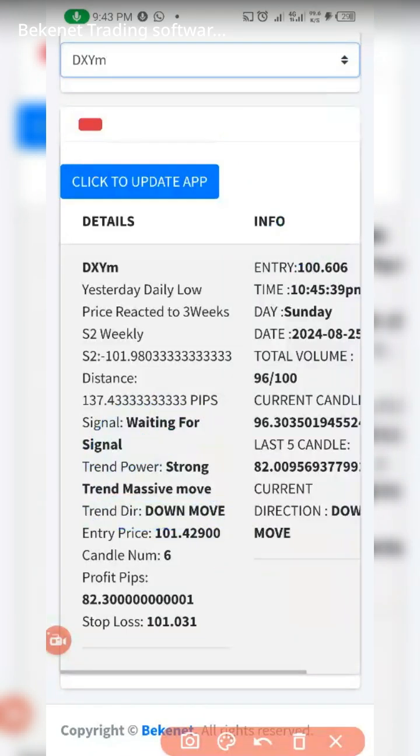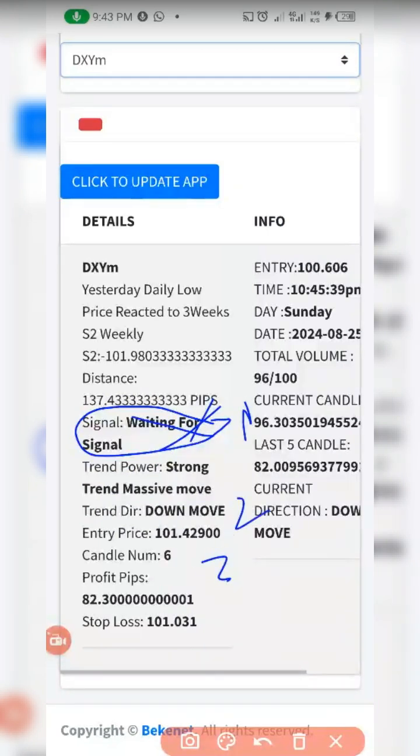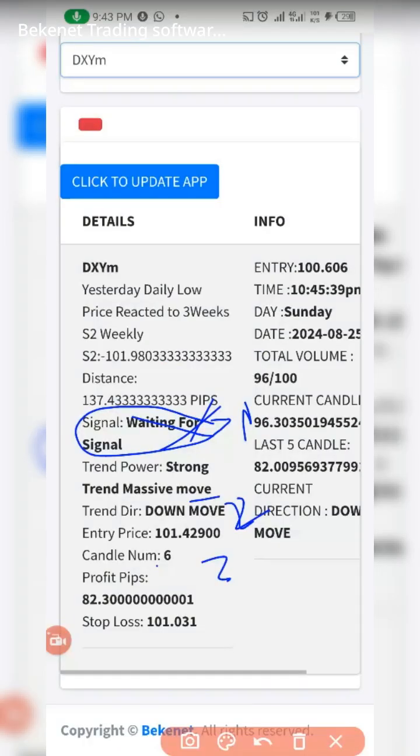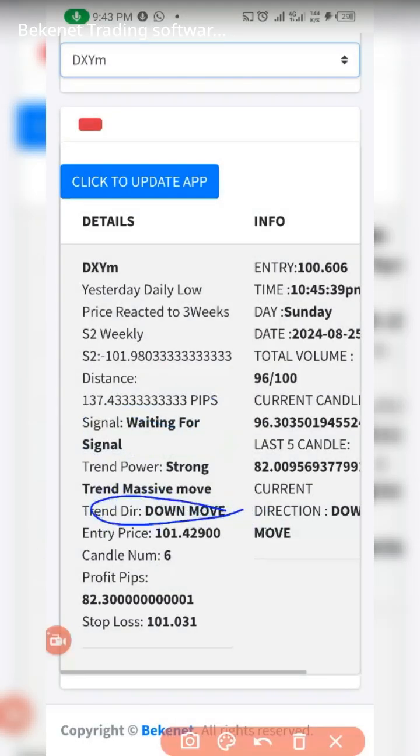But in a situation where this is telling you waiting for signal, meaning that you cannot use this one again, you will now stick to 1, 2, you now combine 2 and 3, which is the trend direction and numbers of candle, which is the one you can see very often in the market. So how do you combine the second setup? Check for the trend direction. If the trend direction is telling us down move, numbers of candle must be between the range, listen, must be between the range of 0, 1, or 2.